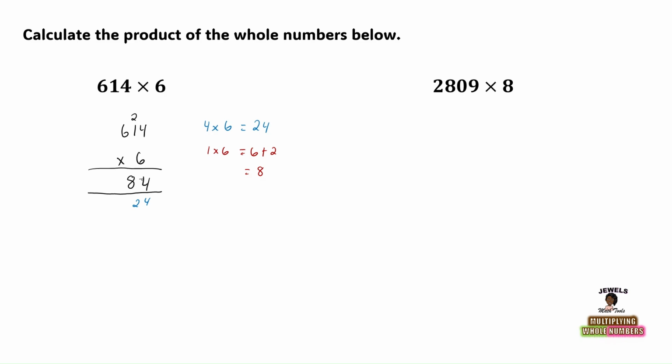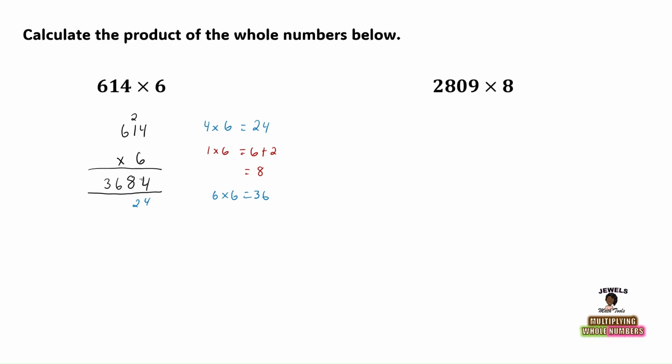So for our last multiplication, we are going to be multiplying our 6 times 6, which is equal to 36. And since 6 is the last digit in our number that we are multiplying to, we will write the entire 36 on the line.